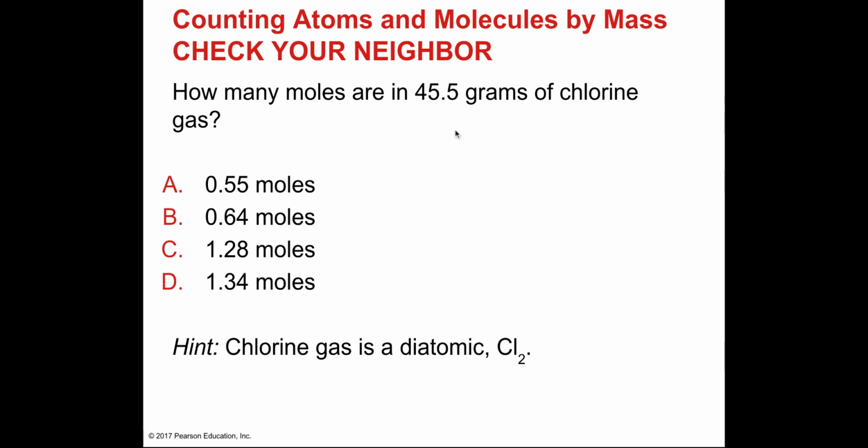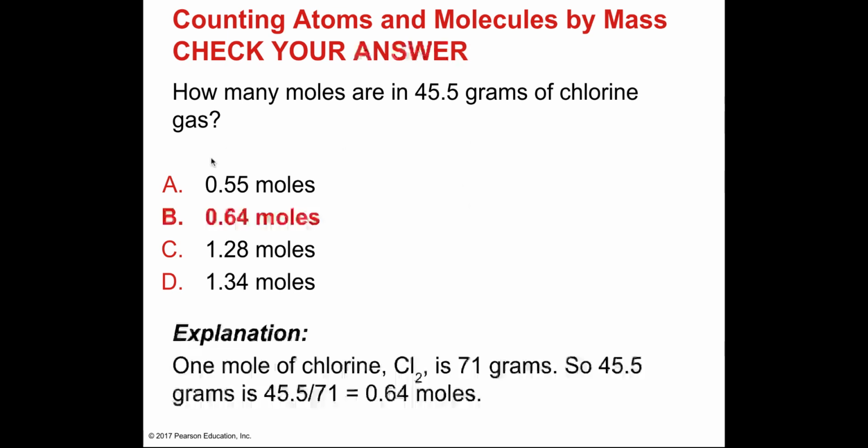So if you take 45.5 divided by 71, you should get that answer. Just try it. Again, this is explanation here. So 1 mole of chlorine is 71 grams, so 45.5 grams is 45.5 divided by 71, and that's how you get that answer.